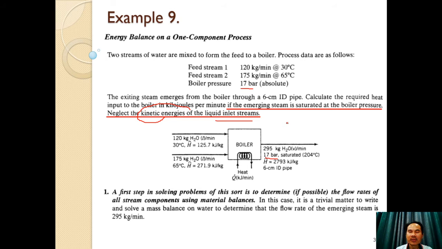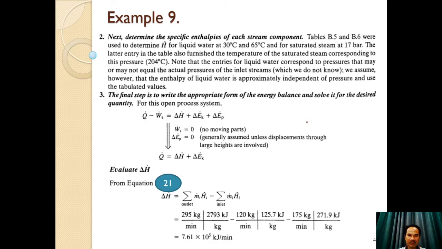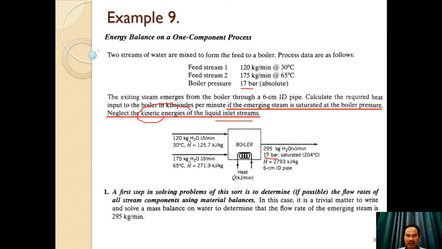There is no generation, no consumption, and no accumulation. It's continuous steady state. The output equals 120 plus 175, equal to 295. Now you have made the material balance already.